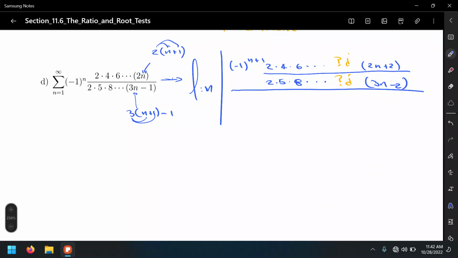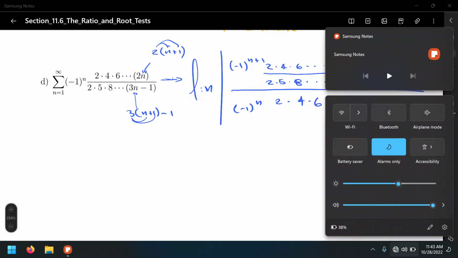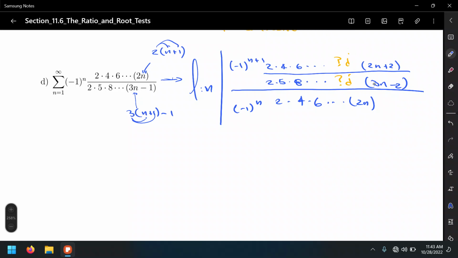Divide this madness by the original 2, 4, 6, dot dot dot, 2n. So 3 times n, that's 3n, and 3 times 1 is 3, but minus 1.